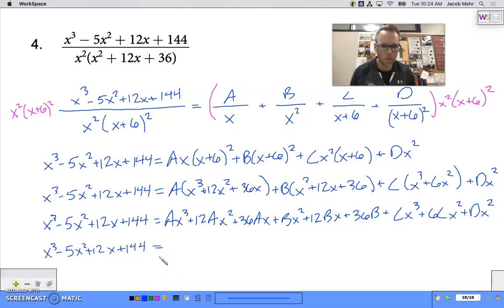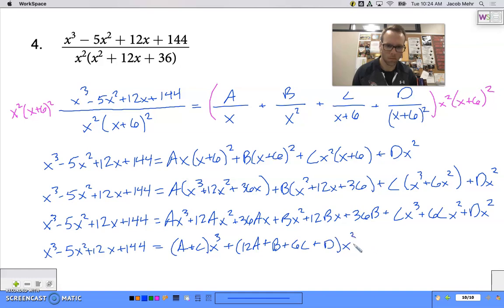Okay, let's start with x cubes. A of them, C of them. So A plus C x cubes. X squareds: 12A plus B plus 6C plus D. How many x's? 36A plus 12B.